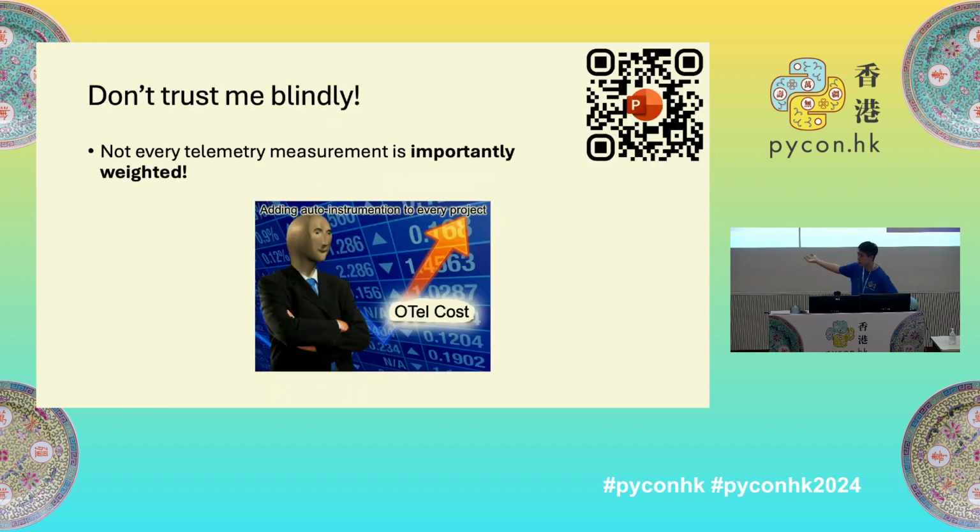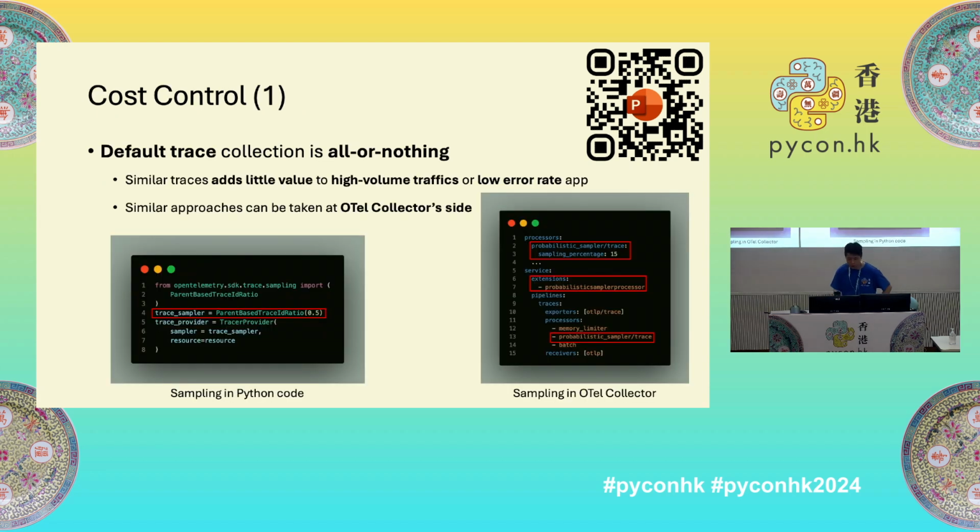But don't just trust me blindly, because not every telemetry or every trace is really important. If you just add auto instrumentation to every project, then you will be stomped. So for cost control, there's something called the parent-based trace ratio sampler that you can use to do random sampling.